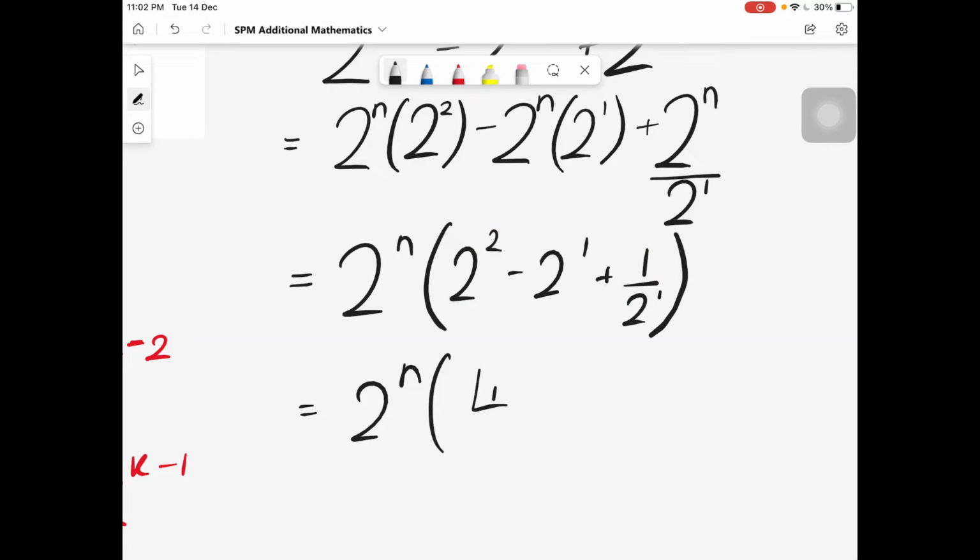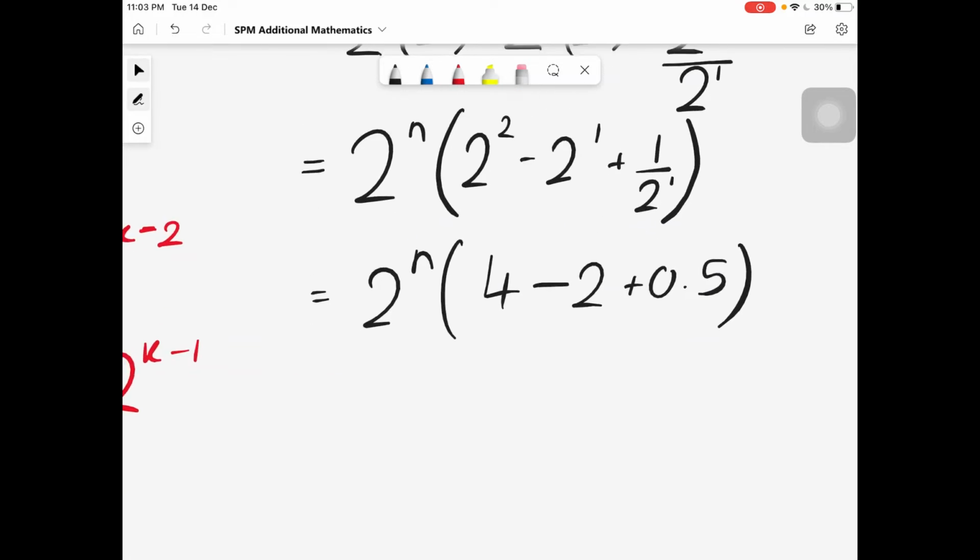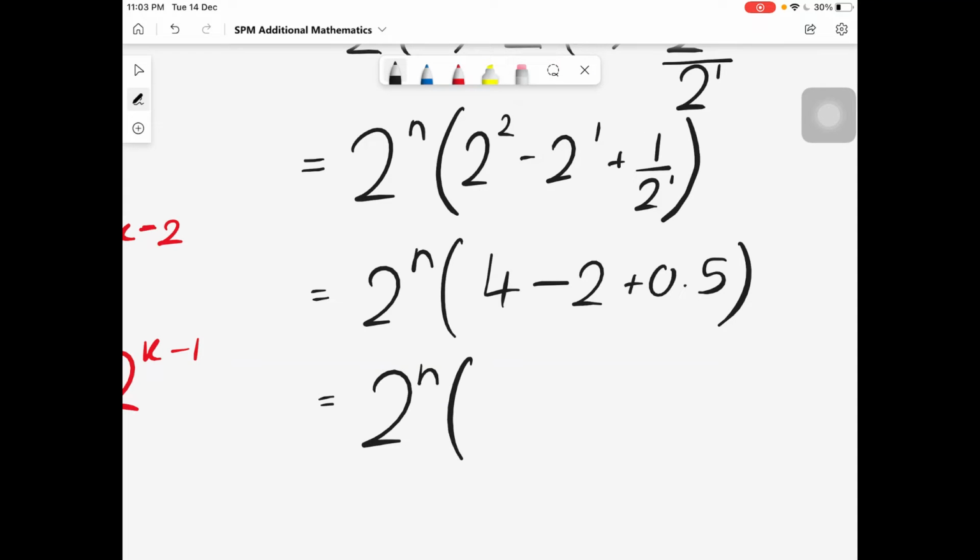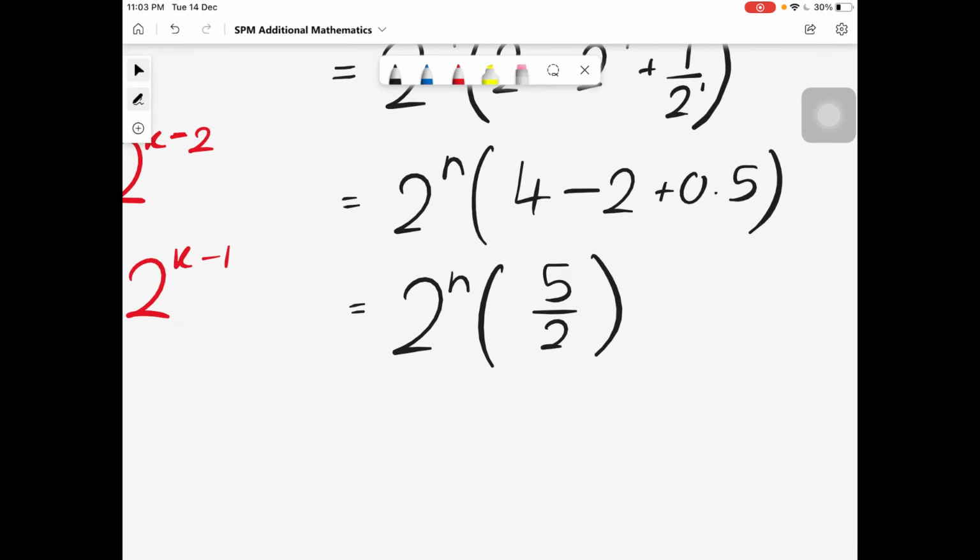So it will then equal to 4 minus 2 plus 0.5, or 1 over 2, up to you. Then let's finish it up. 4 minus 2 is 2, plus 0.5, that equals to 2.5, or we can also note it as 5 over 2.